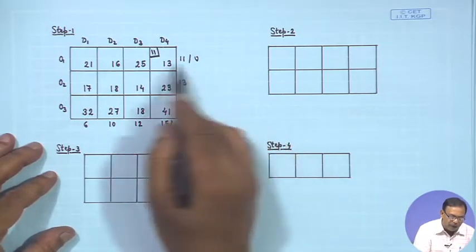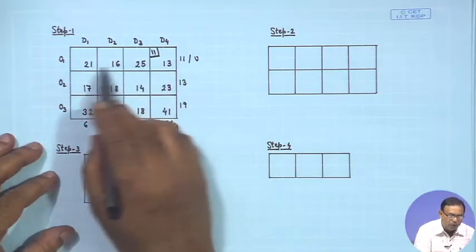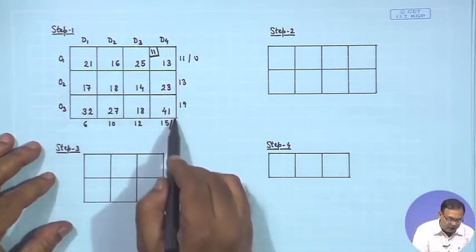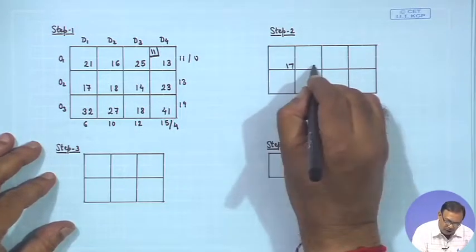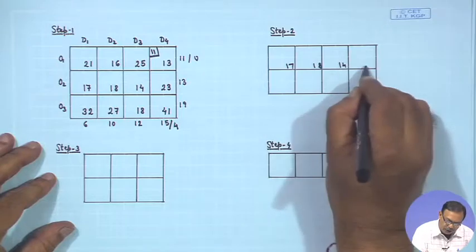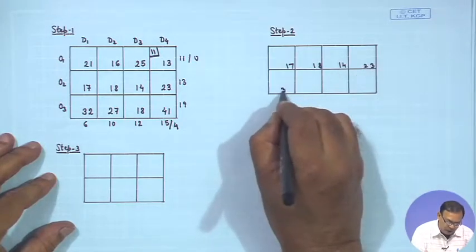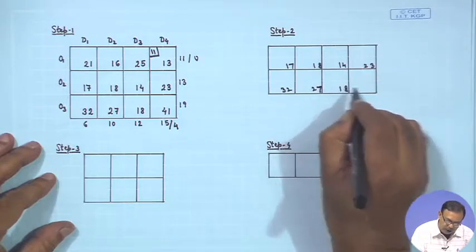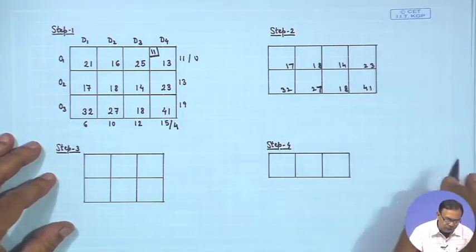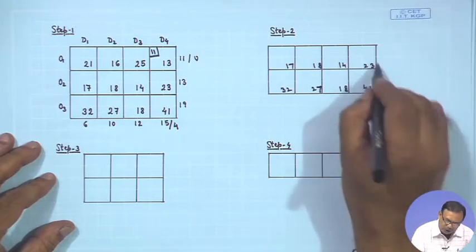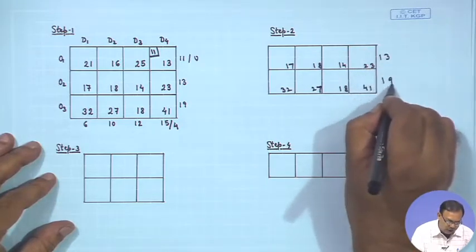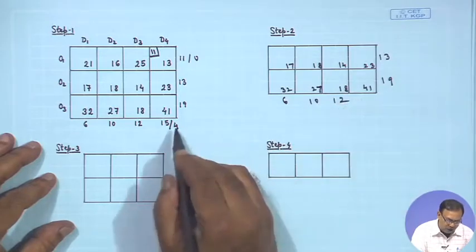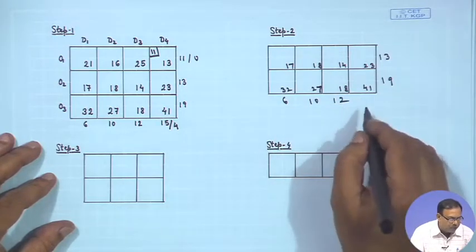Once I allocate fully, the first row will be removed and you will get the shrunken matrix, that is 17, 18, 14 and 23, 32, 27, 18 and 41. Here it is 0, you will get 13 and 19. For this case, you will get 6, 10, 12, where the demand has reduced to 4.